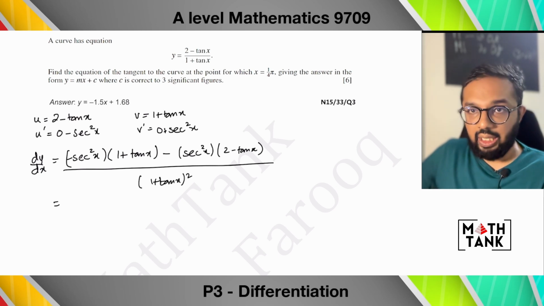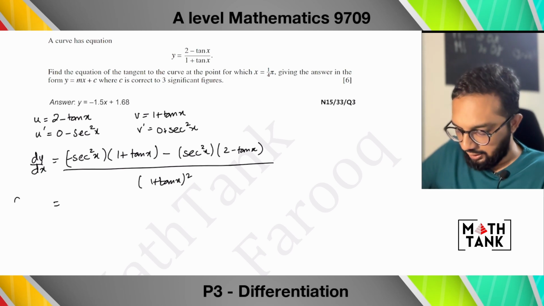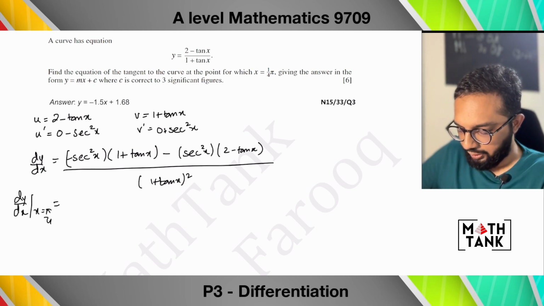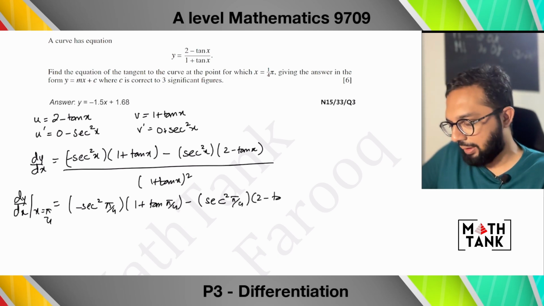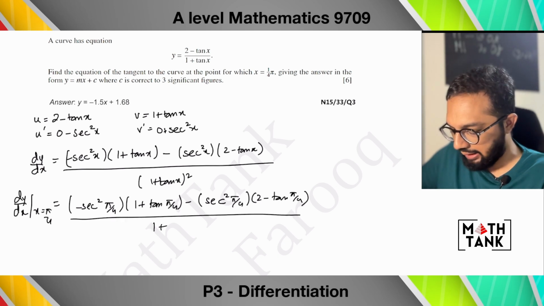So I'm calculating the gradient of the tangent. I need to calculate it at the point, dy by dx at x equals pi over 4. To be honest, I can plug everything into a calculator. I just have to make sure that I write down sec correctly. So 1 over tan pi by 4 minus sec square pi by 4 into 2 minus tan pi by 4 and 1 plus tan pi by 4 whole squared.